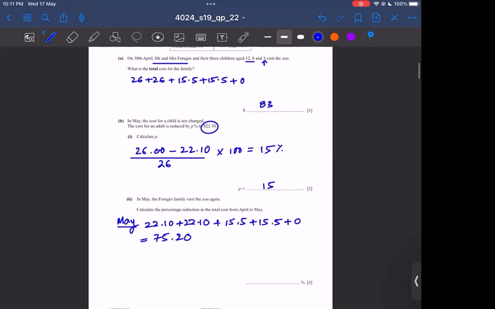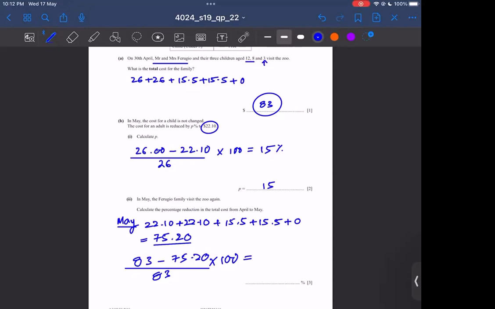So what is the percentage reduction? In April, it was $83. In May, it is $75.20. So change in value, 83 minus 75.20 divided by initial value, multiply by 100, that will give you the percentage. So I'm going to write 83 minus 75.20 divided by 83.